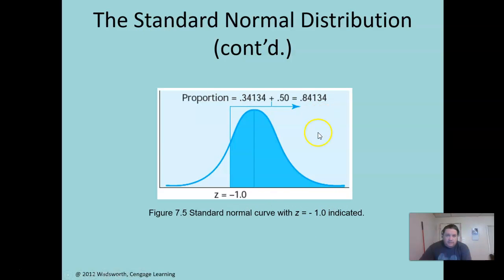For the proportion of it happening when the z is -1, we are going to add half, right, to 0.34134. So we get 0.84. So there's an 80% chance that the score is going to fall in this range.